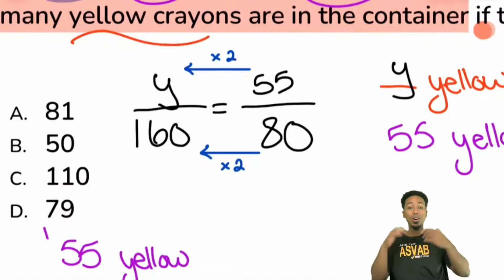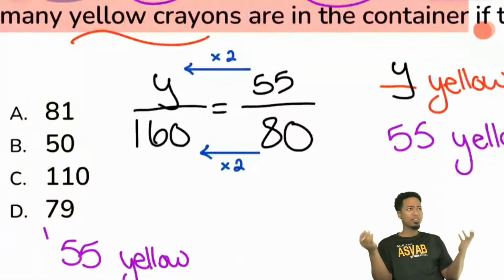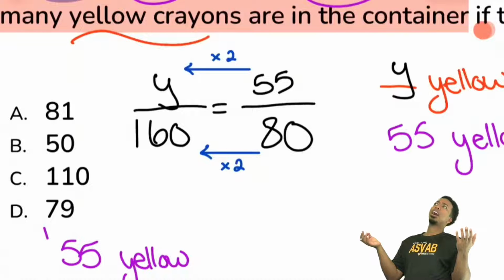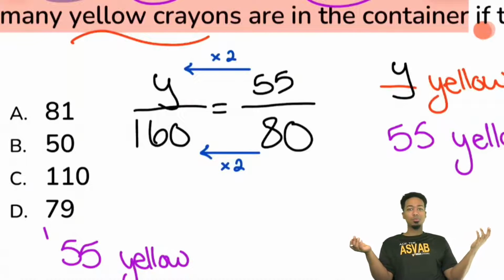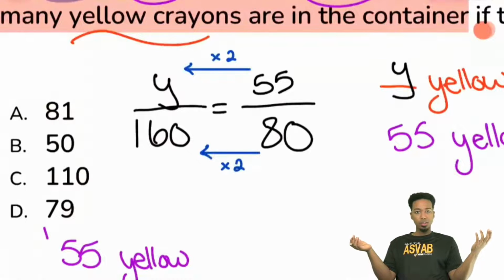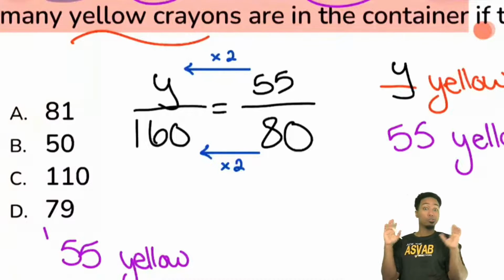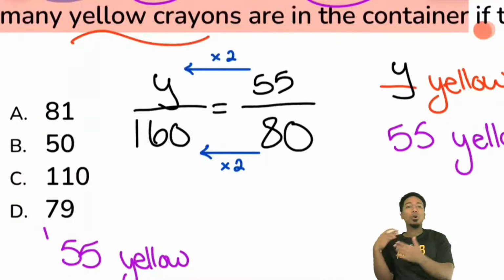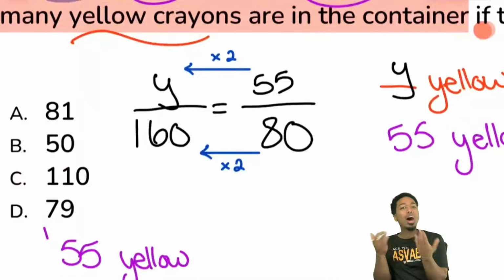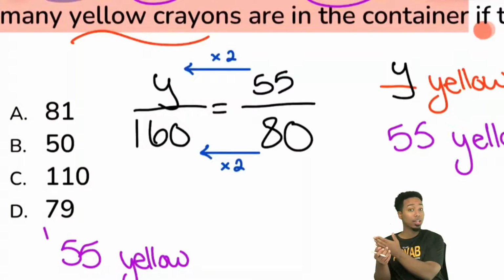So instead of doing all that work with 160 times 55, which would end up being, God knows what, 8,000 plus 800, which would be 8,800, I believe, and then you do all that work and then divide by 80, why? When you see that we can multiply by 2 going from right to left.